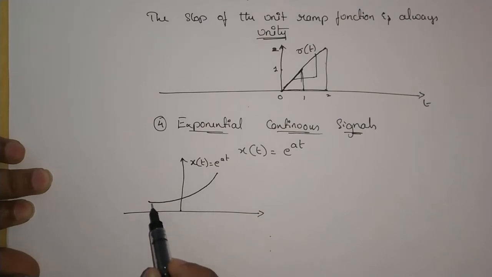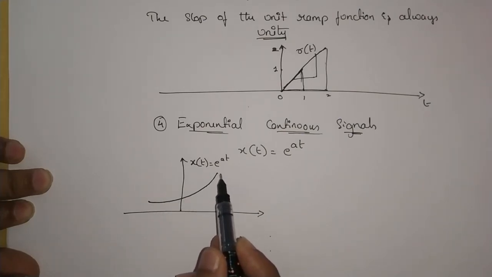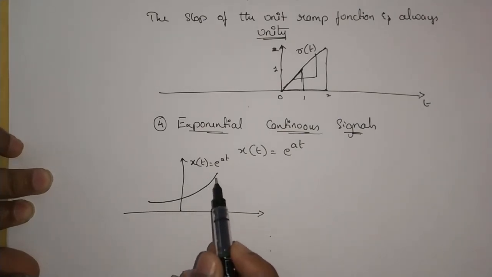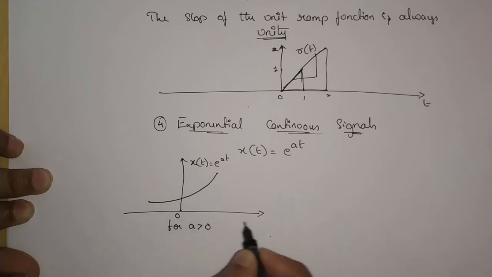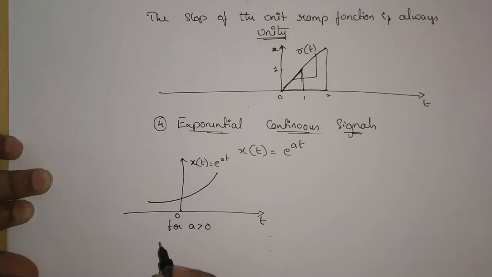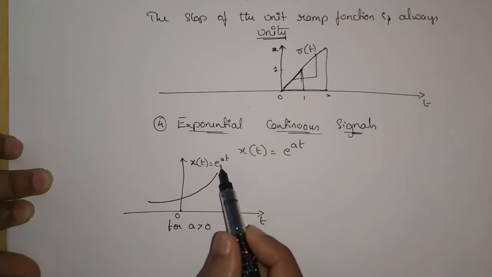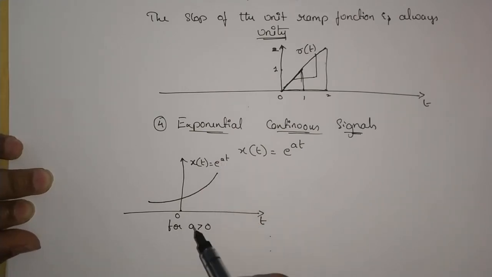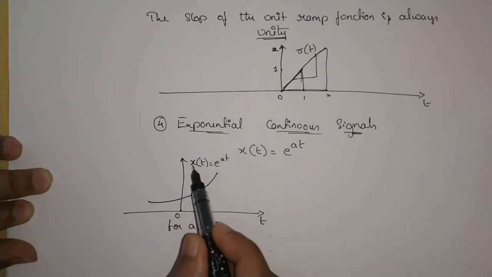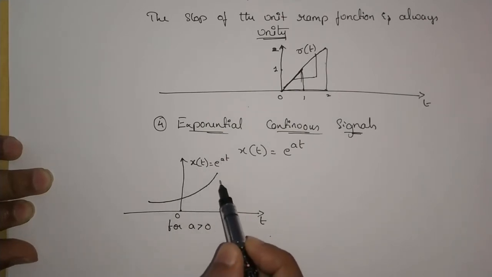You can see it is exponentially growing. x of t is equal to e power at is a growing exponential function for a greater than 0, which means 1, 2, 3, e power 1, e power 2, e power 3. If the value of a is positive, x of t is exponentially growing.